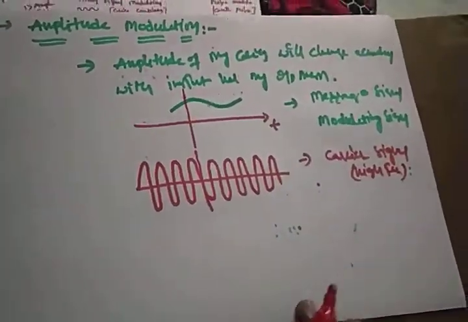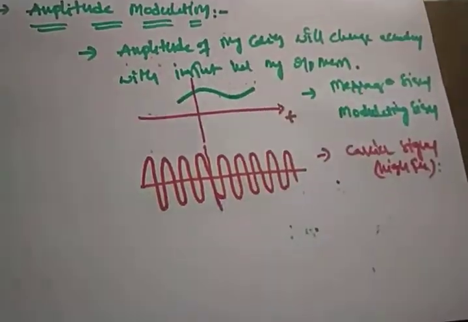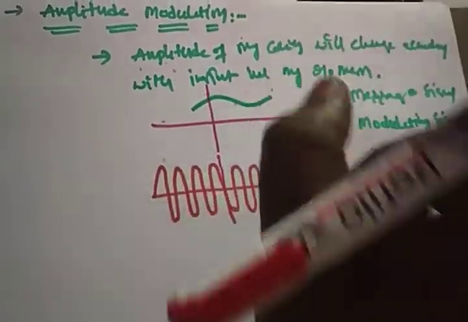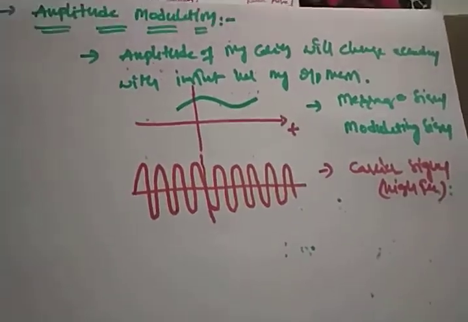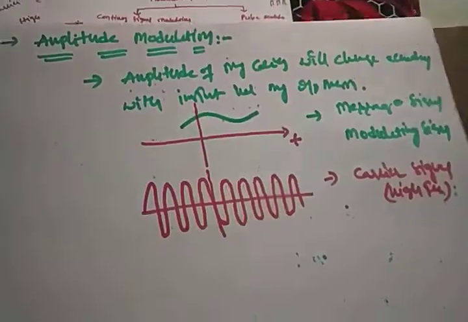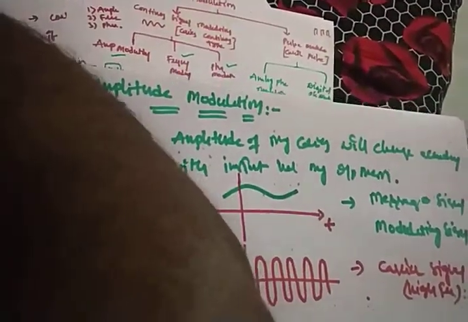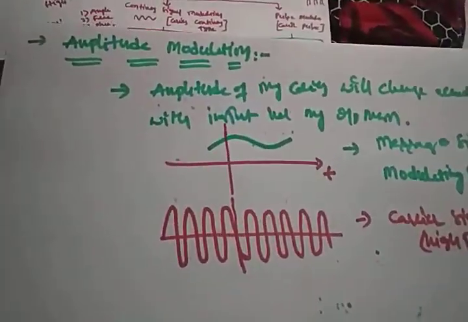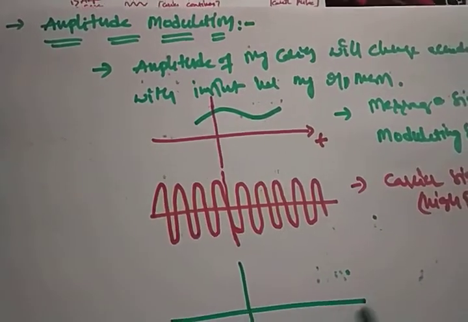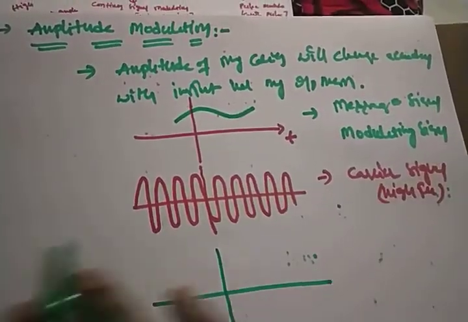So what is amplitude modulation? While combining, the amplitude of the carrier wave will change according to the instantaneous values of the input signal. I already told you that my input signal won't change, only the carrier signal will change. How it will change, we'll see. If you draw, my input signal, amplitude, frequency, whatever the signal won't change.